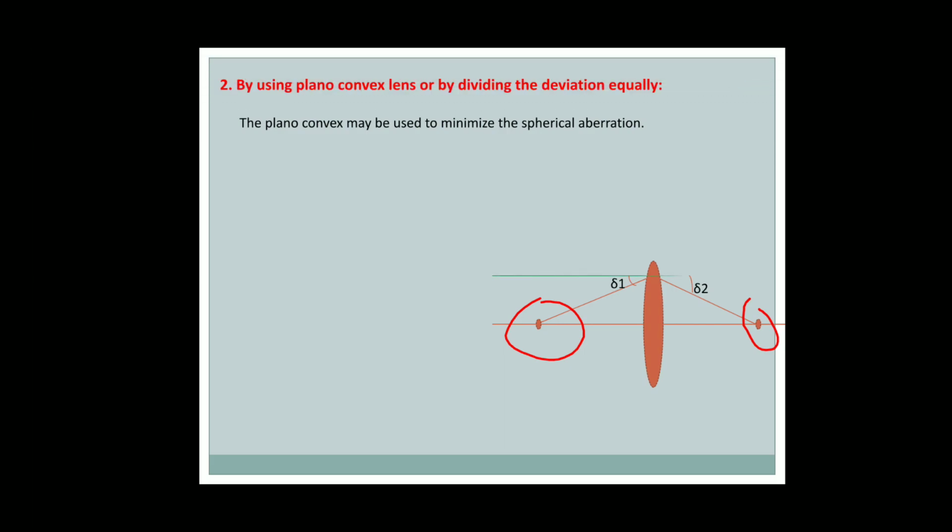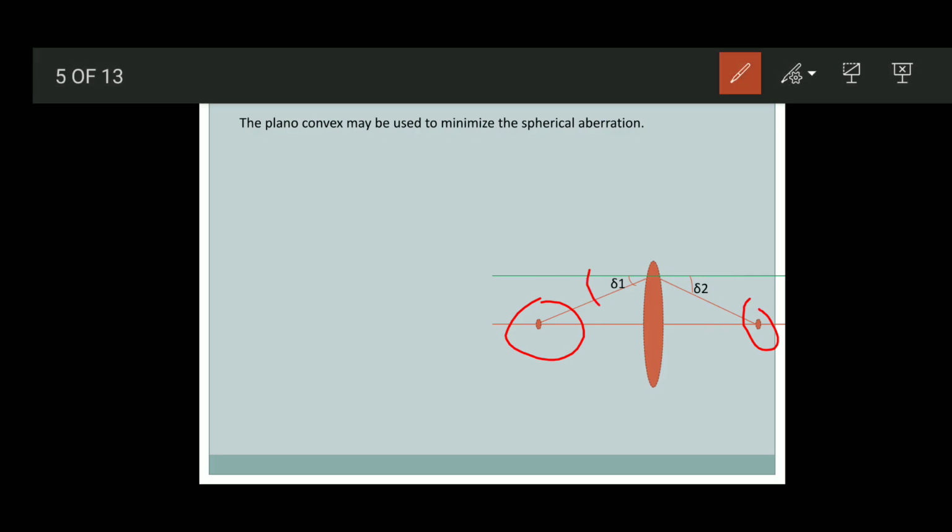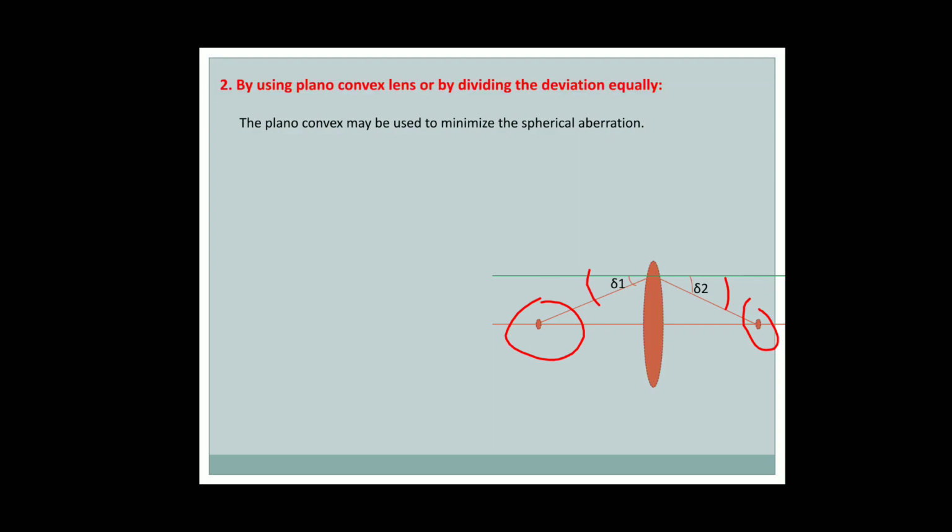Then the incident ray makes an angle delta 1. This is called deviation, and delta 2 is the refracted deviation. So if the deviations delta 1 and delta 2 are equal, the spherical aberration is minimized. According to this theory, the spherical aberration depends on the total deviation by the lens.